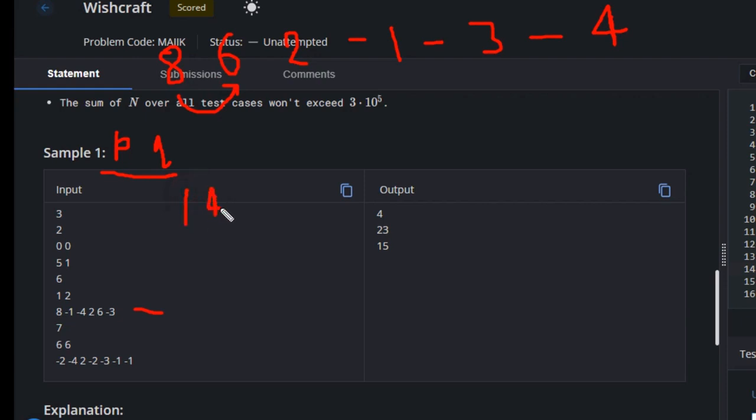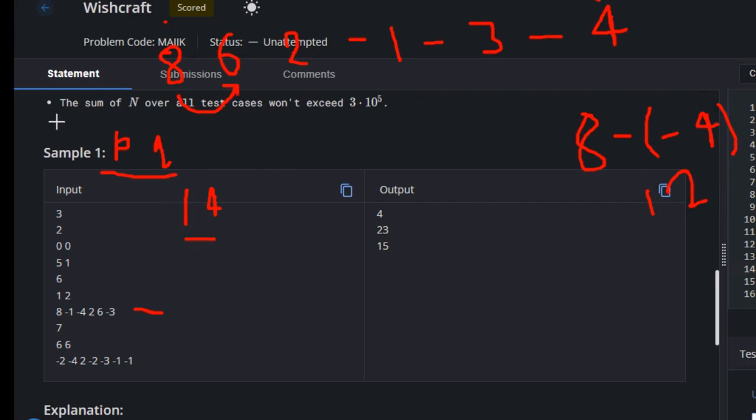Or we can take the last element and this element, and if we subtract 8 minus minus 4, that will result in 12. We need to see which gives the absolute maximum value. The absolute maximum is 14, so we will keep that only.